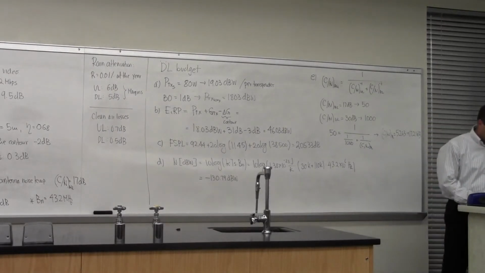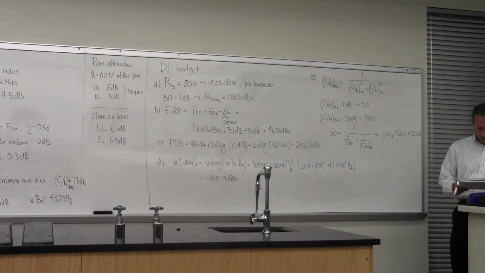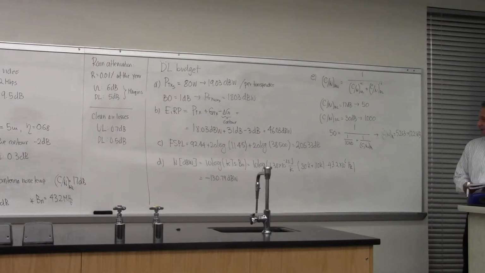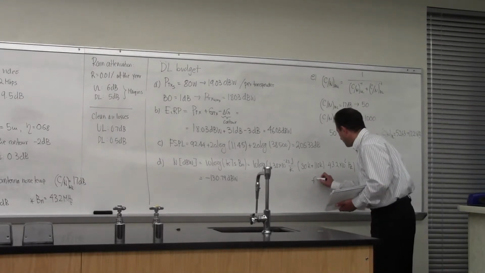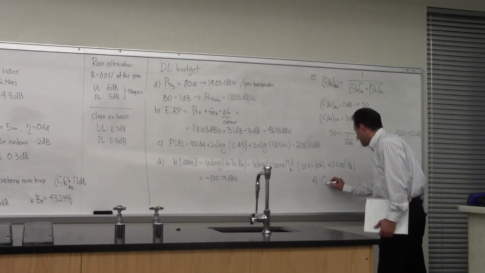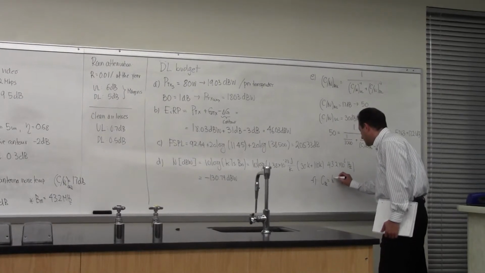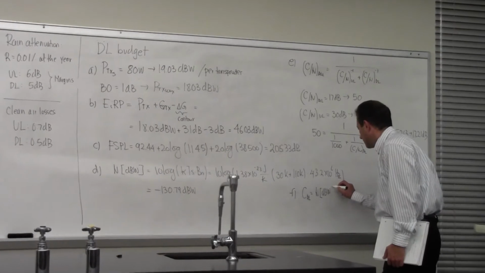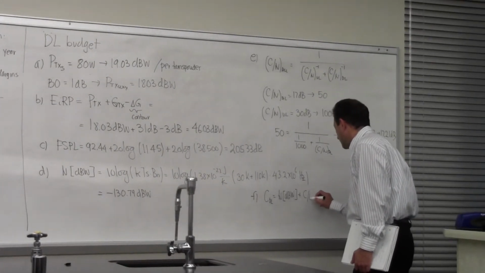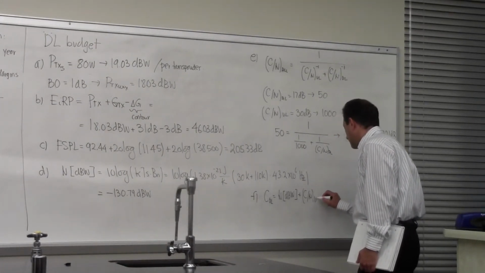Now that I know how large C2N on downlink needs to be, then I can calculate what is the required signal on a downlink. Let's say C on a downlink is going to be whatever is the noise on a downlink in dBW plus C2N on a downlink.